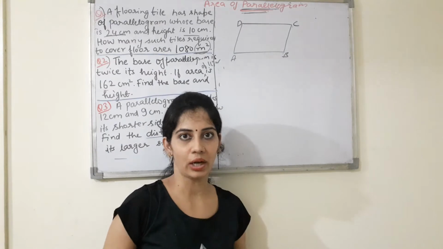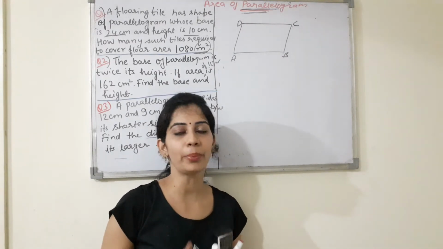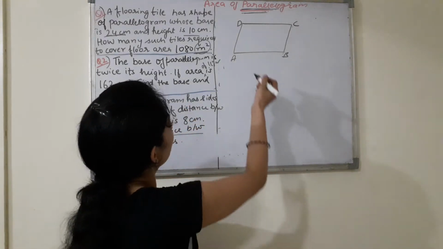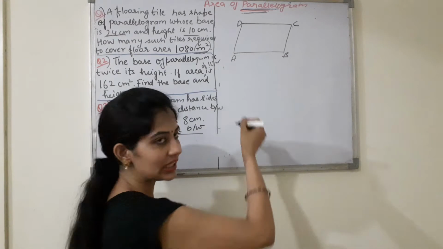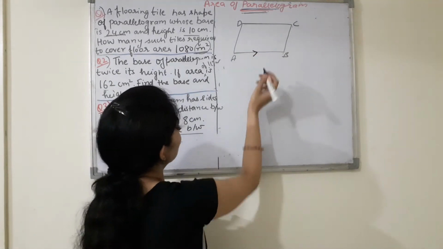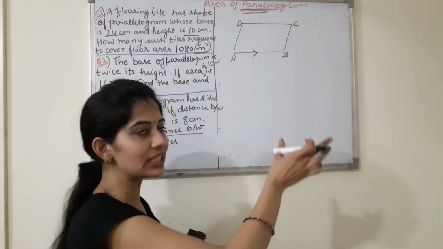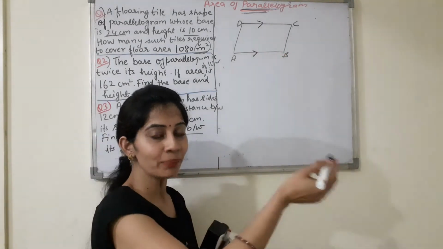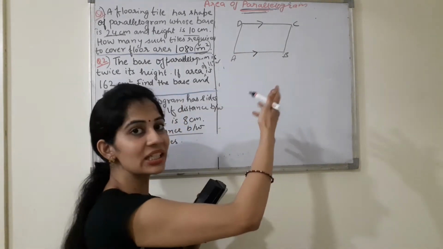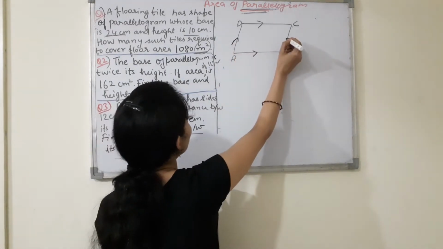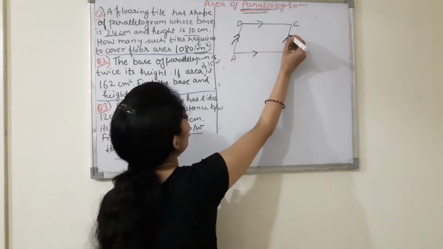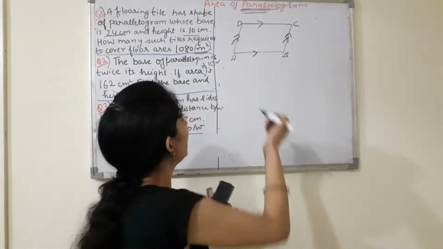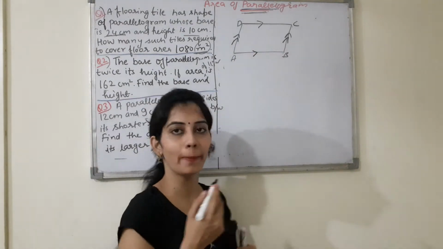In the parallelogram, the opposite pairs of sides are parallel as well as equal. It means if this is a parallelogram ABCD, then the opposite side of AB is CD, so AB is parallel to CD. The other opposite sides are AD and BC, so AD is parallel to BC as well as AD is equal to BC, right?